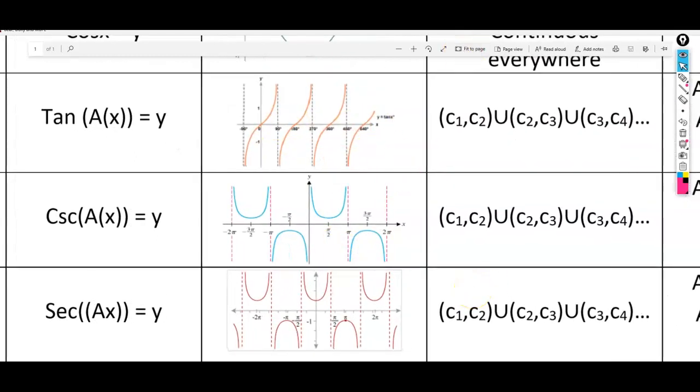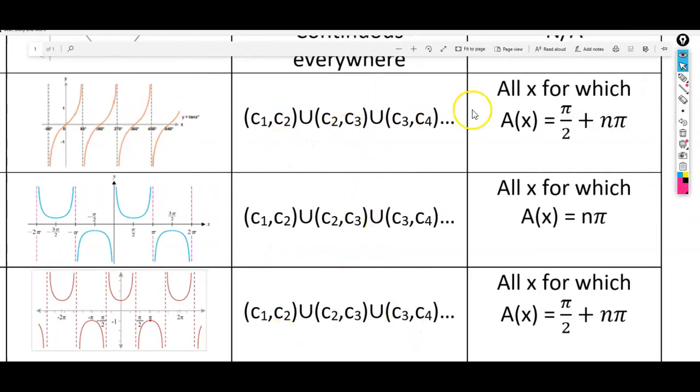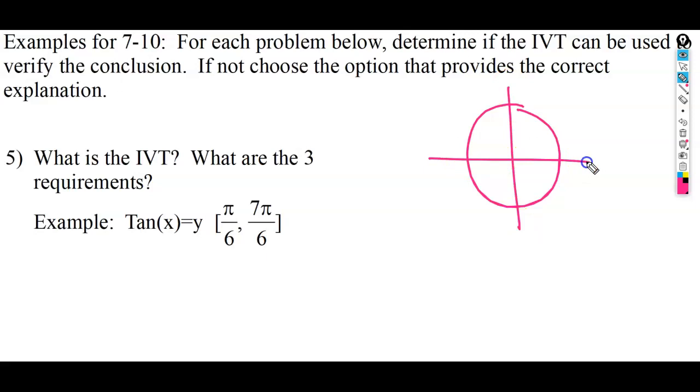Actually, tangent has the same domain restrictions as secant does. So it's at pi over 2 or any 180 degrees or pi radians after that. In other words, tangent is undefined up here and down here.